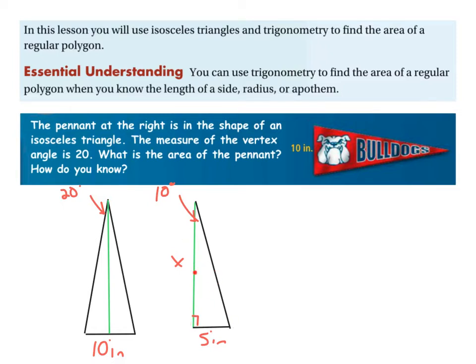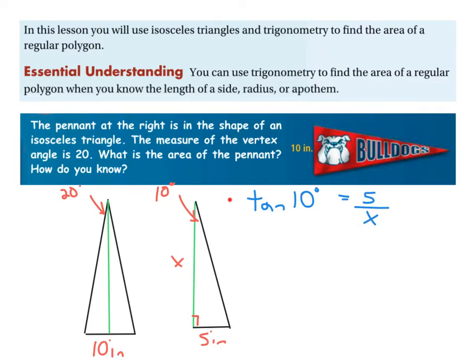Okay, so opposite and adjacent is tangent, so we can write the tangent of 10 degrees equals the opposite side length, 5, over the adjacent side of x. And I taught you this trick where, if this value is on the bottom and you want to swap it with this value, you can swap by multiplying by x.